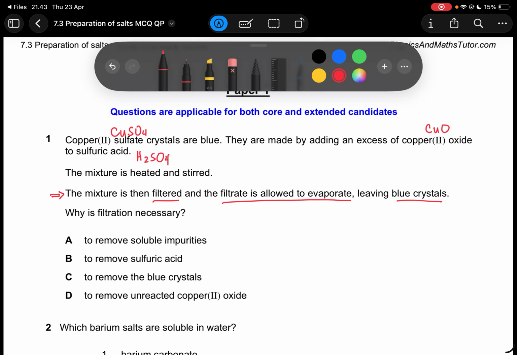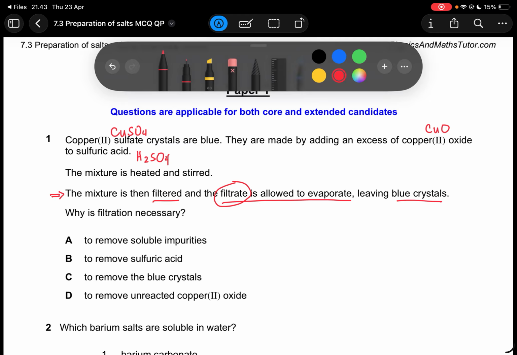The steps in neutralization are to heat up the acid, add excess base, or in this case copper oxide. Then we filter the unreacted copper oxide.